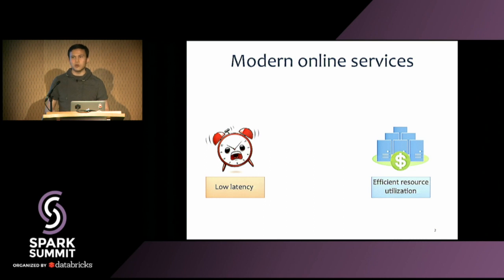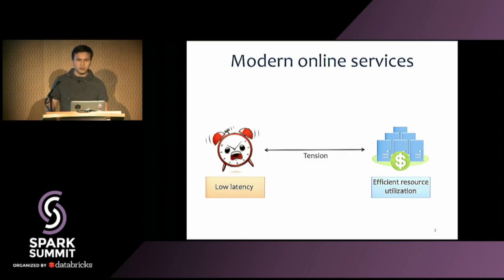However, these two goals normally contradict each other. To achieve low latency, of course, we can add more computing resources, but it comes at a higher cost. Fortunately, there is an emerging computing paradigm that allows us to resolve this tension.